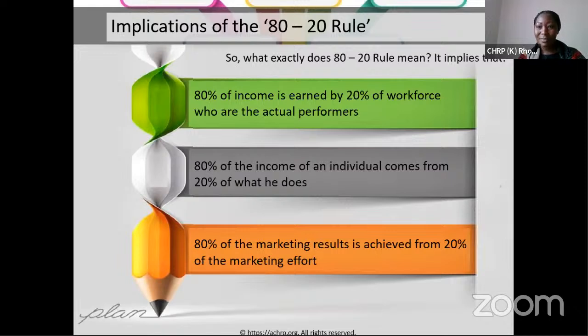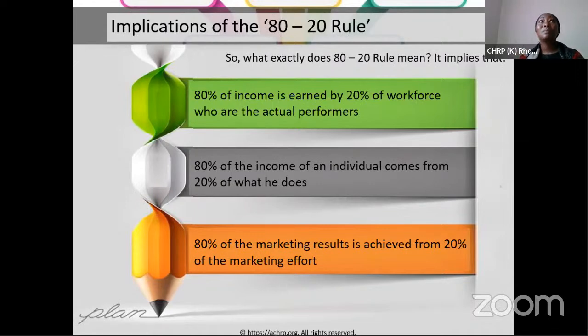80% of your income comes from what it is that you work on in your workplace. Where is it that you put a lot of effort? But 80% of your income will only come from 20%. I'll give an example. What goes into the preparation and facilitation even for a training like this? I would say 80% of that maybe will only come from the last delivery.